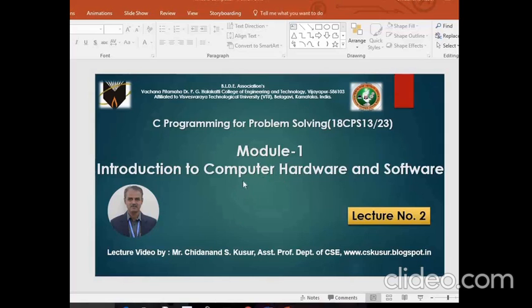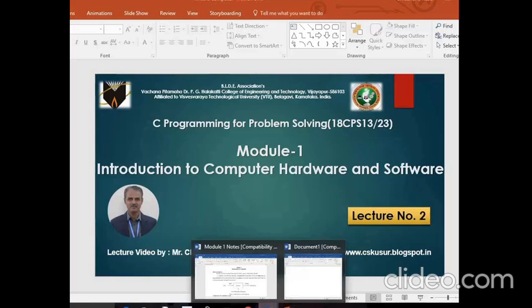Then we discuss block diagram of a computer. Then we discuss input devices, output devices, what is software, types of software, computer network, advantages and disadvantages of computers also we discuss, as well as we start C language.